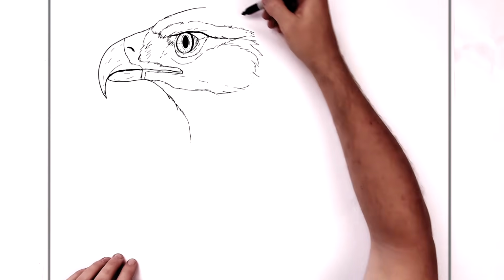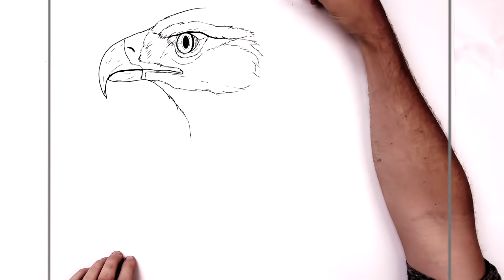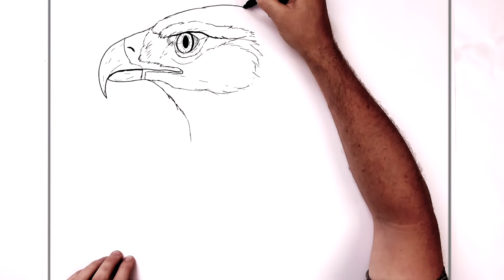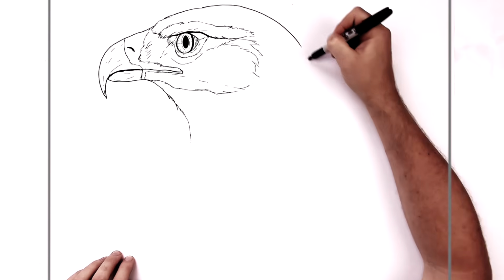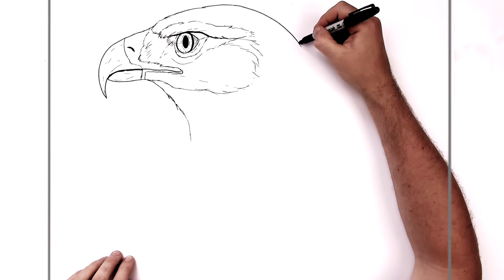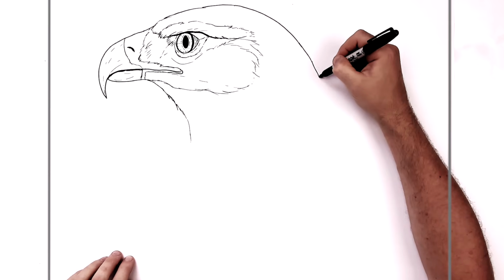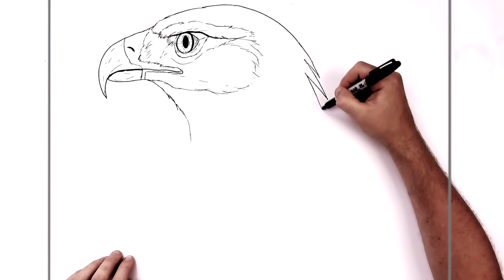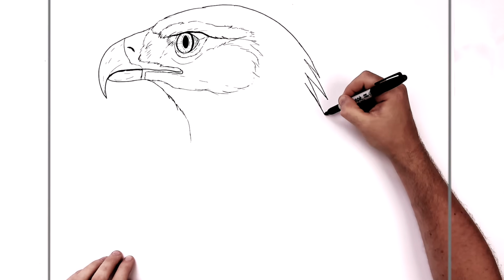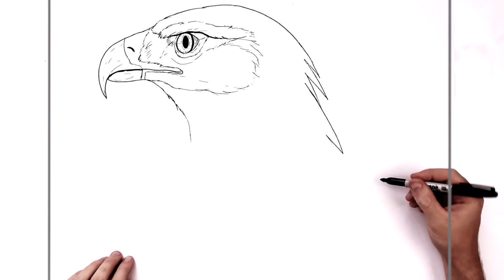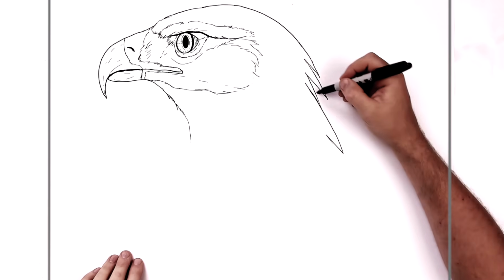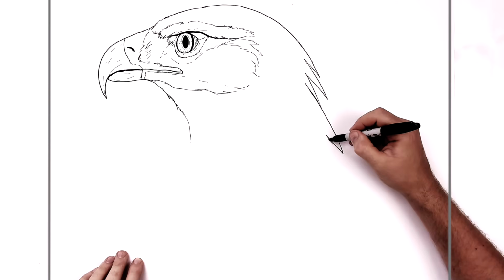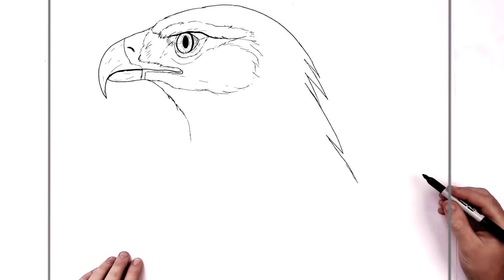Okay, so we'll get the main shape now for his head in, right? So it comes pretty far back, right? So we'll go back like so, right? And as we go back, we're going to add some feathers sticking off. Go down like that.